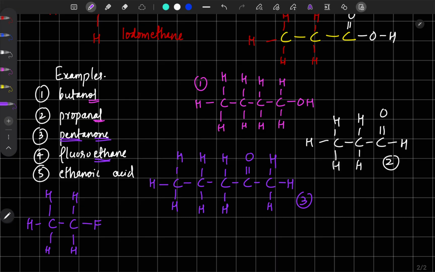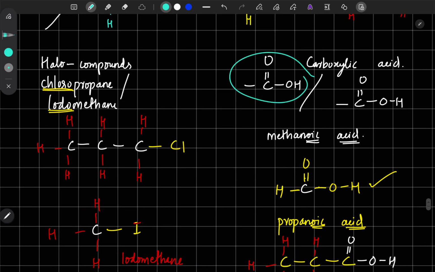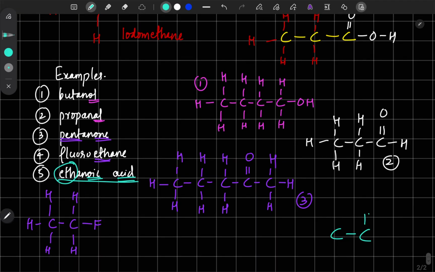Now let us draw this one, ethanoic acid. What is the first step? Listen, what is the first step? Identify the number of carbon atoms. Eth means 2, so 2 carbon atoms. It's oic acid. Oic acid means what? There is this functional group, that means one double bond O. Okay, I'll change the color.